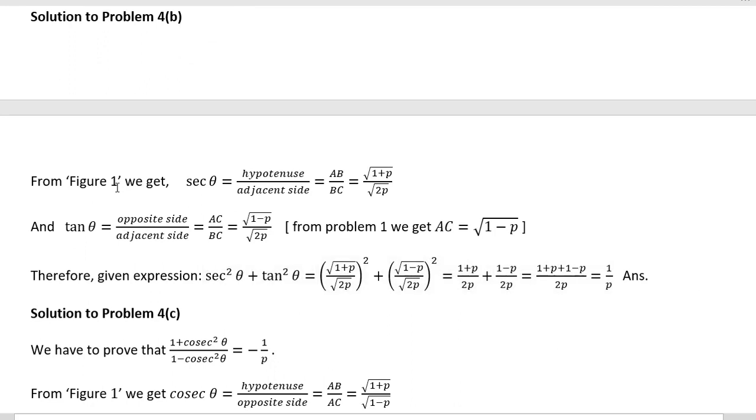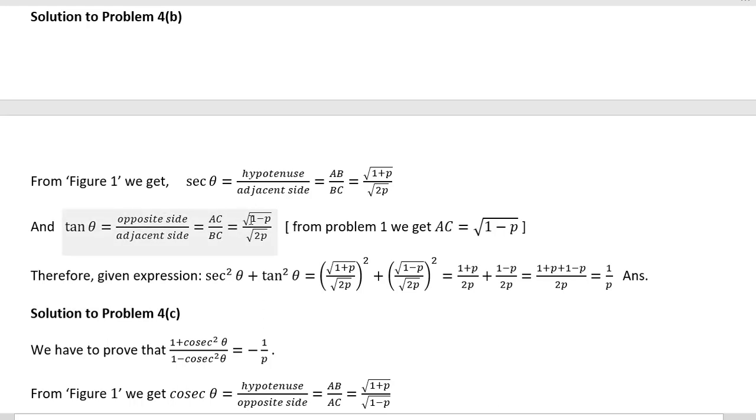So from figure 1 we get that sec theta is equal to hypotenuse by adjacent side, that is hypotenuse by base, that is AB by BC, AB equal to root over 1 plus P and BC equal to root over twice P. And also tan theta is equal to opposite side by adjacent side, therefore we have taken the ratio of AC and BC in this fraction.